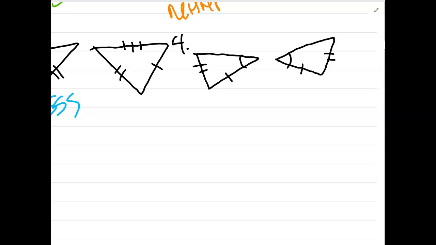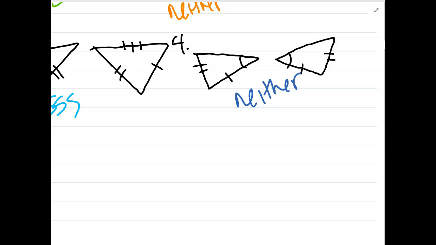You guys get it? You got it? Okay. We don't use angle, side, side. That's not a thing. Okay, there we go. No, it's not the included angle, so there's not enough information there to prove that's congruent. Yeah, okay.